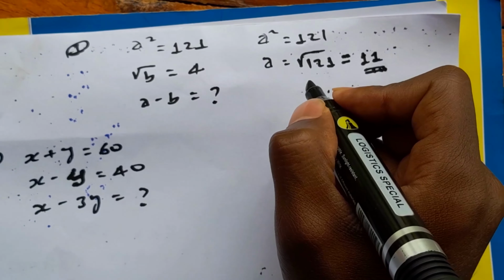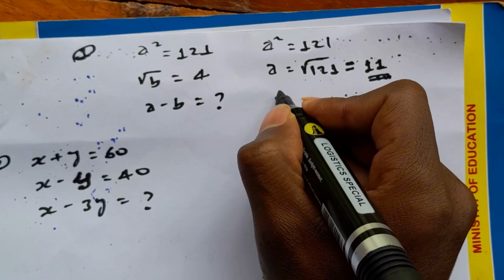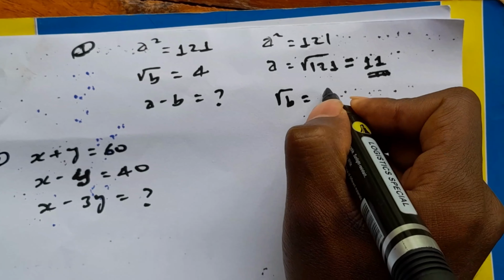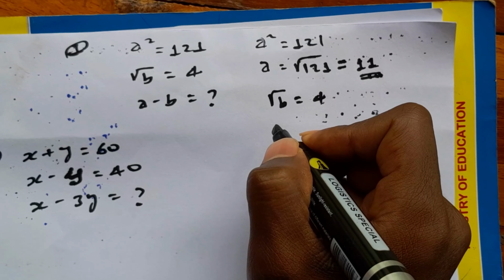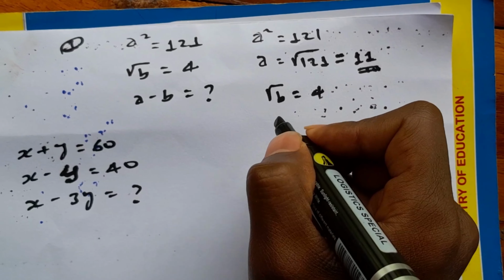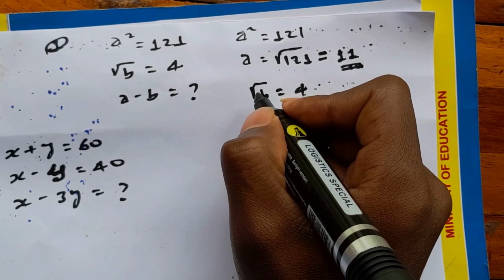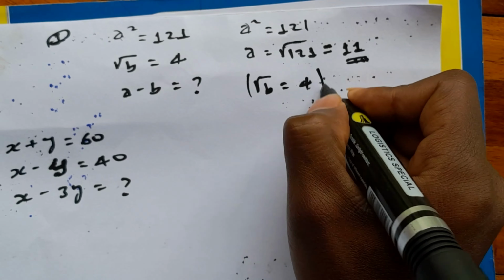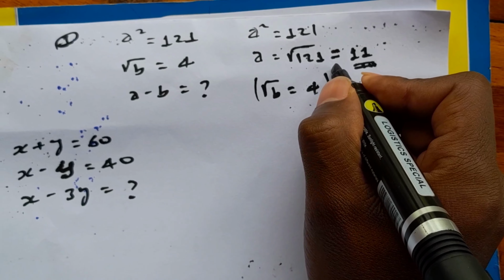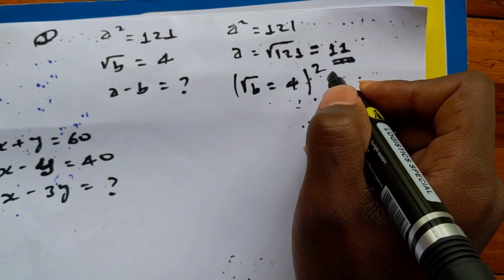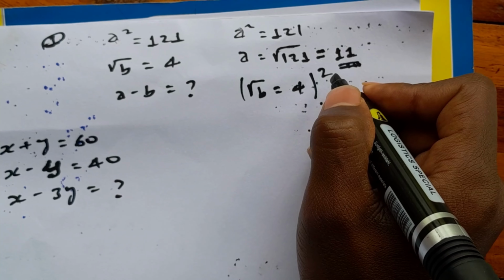After that, we find the value of b. The square root of b is equal to 4. To cancel the square root, we use the power of 2 rule.